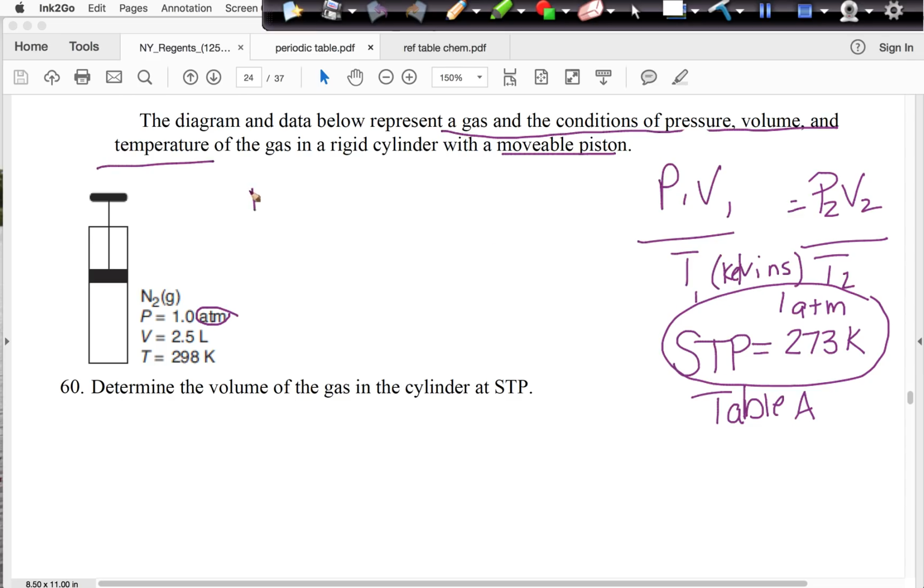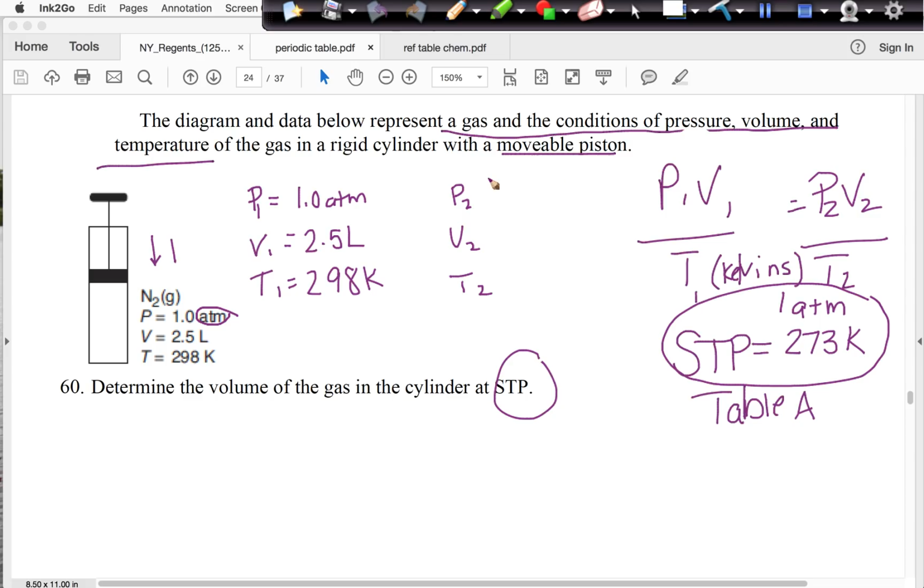So my P1 is my first pressure, which is 1 atmosphere. My V1 is 2.5 liters. My T1 is 298 Kelvin. They say they're moving it to STP, so my P2 is still 1 atmosphere.